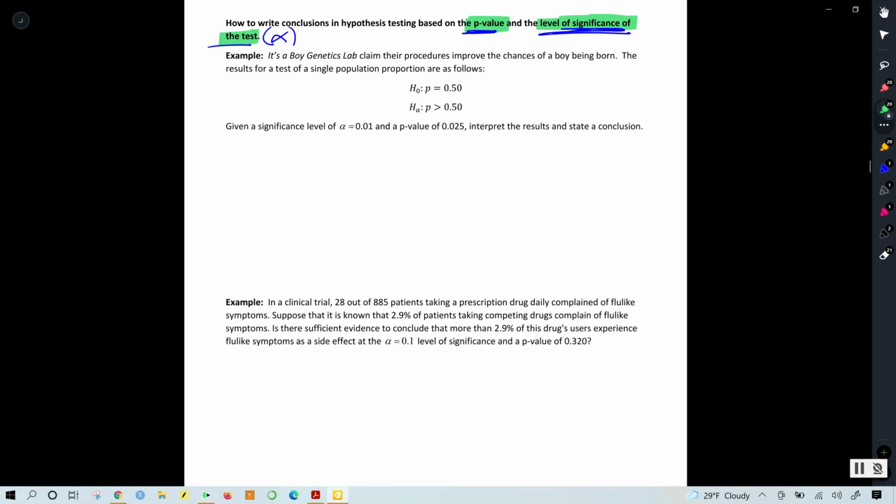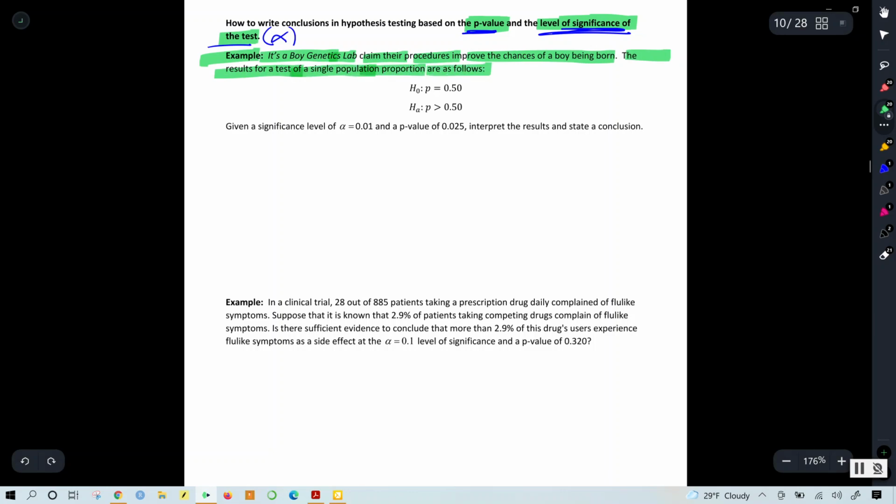To illustrate how we do that, we take the first example. A boy genetics lab claims that their procedures improve the chances of a boy being born. The results for a test of a single population proportion are as follows. You have the null hypothesis claiming that the proportion is equal to 0.5, evenly split, and the alternative claiming that the proportion or the percentage of having a boy is greater than 0.5.